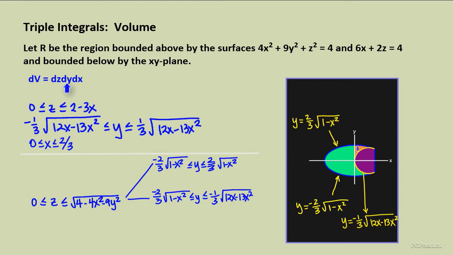The upper piece is just a mirror image of the lower portion, so we should have similar inequalities, but with the positive square roots. We start on the curve y equals 1/3 times the square root of 12x minus 13x squared, and finish on the curve y equals 2/3 times the square root of 1 minus x squared. And so we have the final set of y inequalities.